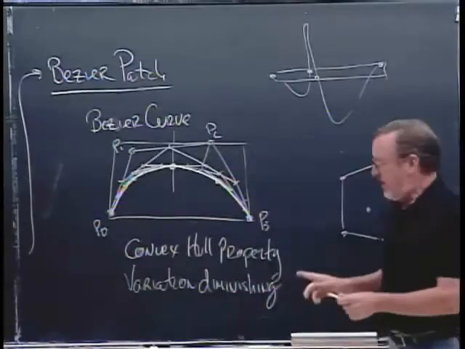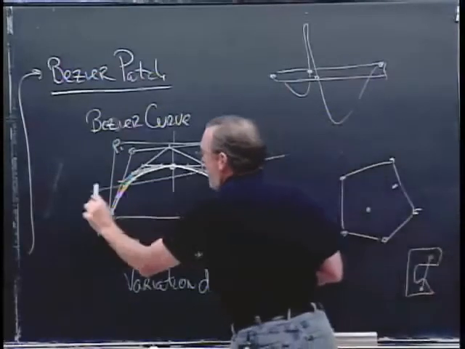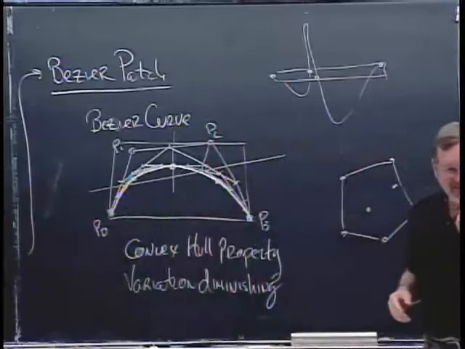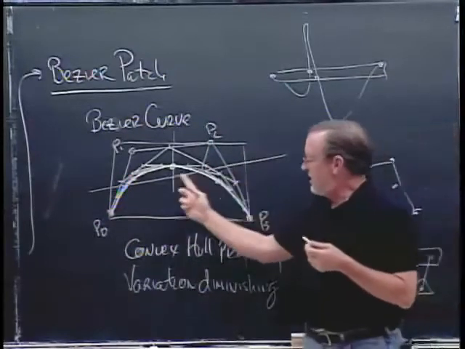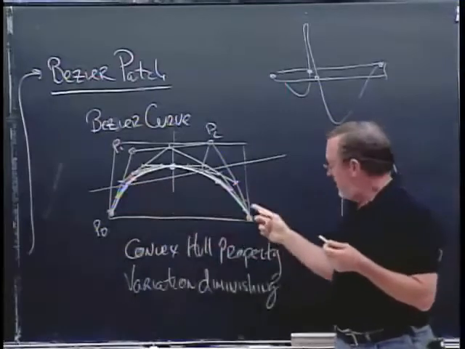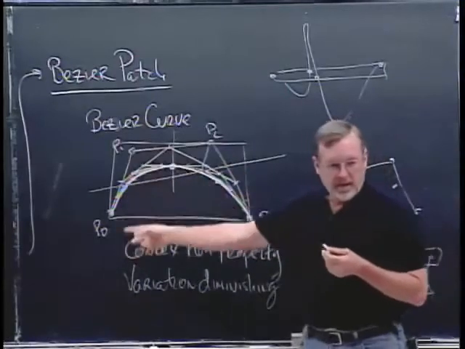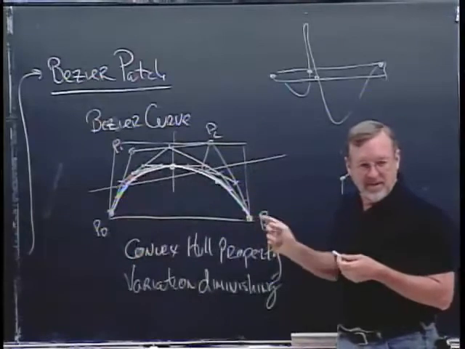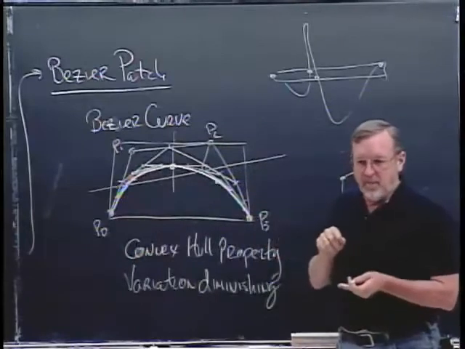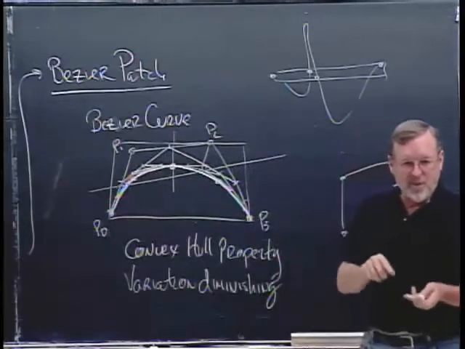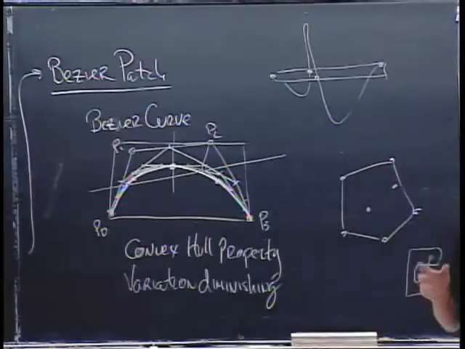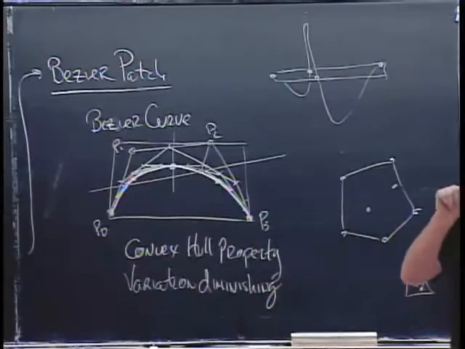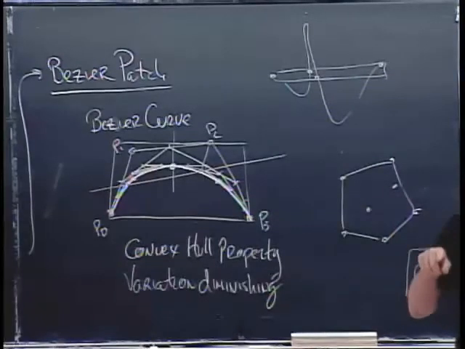Variation diminishing means this: if I run a line through here, okay, any line, and I count the number of times that this line intersects this initial polygon that I put in, it's guaranteed that it will not intersect the curve more than that. That makes sense? It intersects the curve less than or equal to the number of times it intersects that original polygon. And what that means with Bezier curves is they don't wiggle, right?